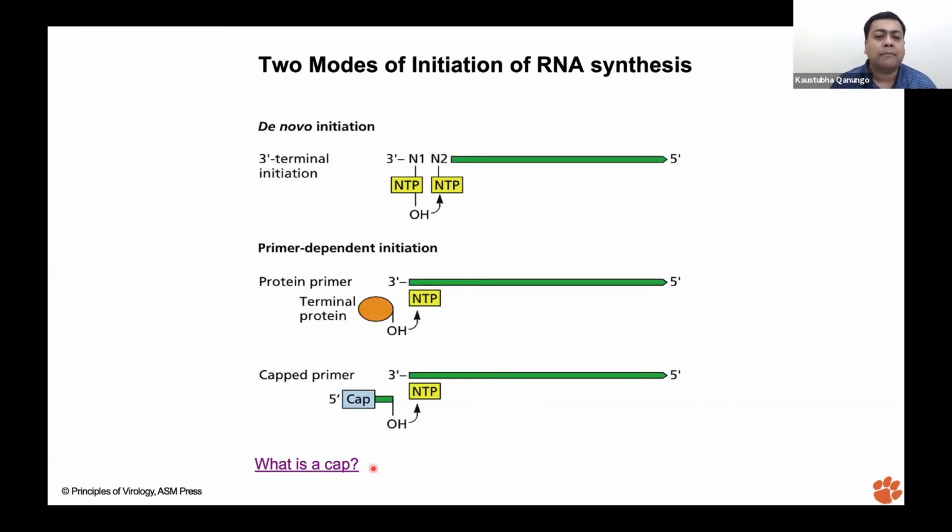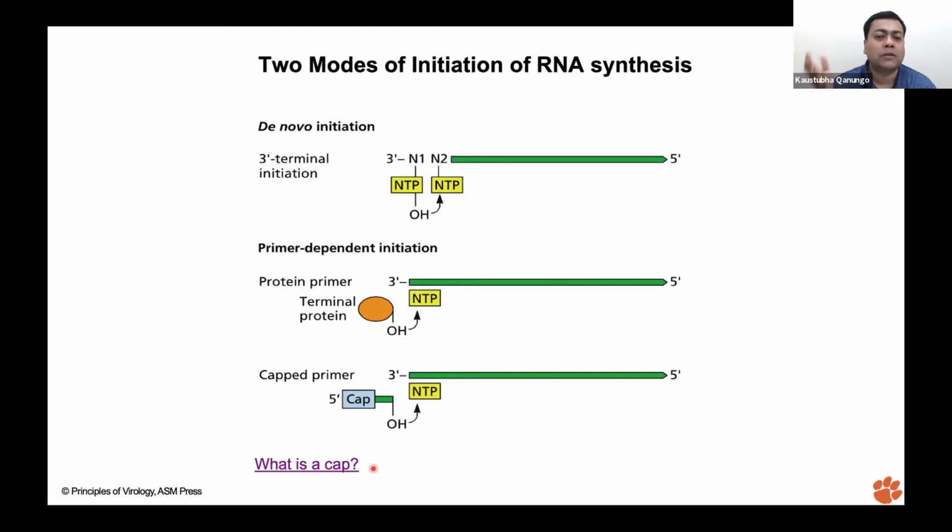In the cap, the first base is a guanosine, or a G, and it has a modification at the 7-methyl position, and it is incorporated as an inverted form as the first base. The second base is usually a G, and the third base is usually an A. And in those, in the ribose sugar, the second carbon is methylated, which we call a 2'-O methylation.